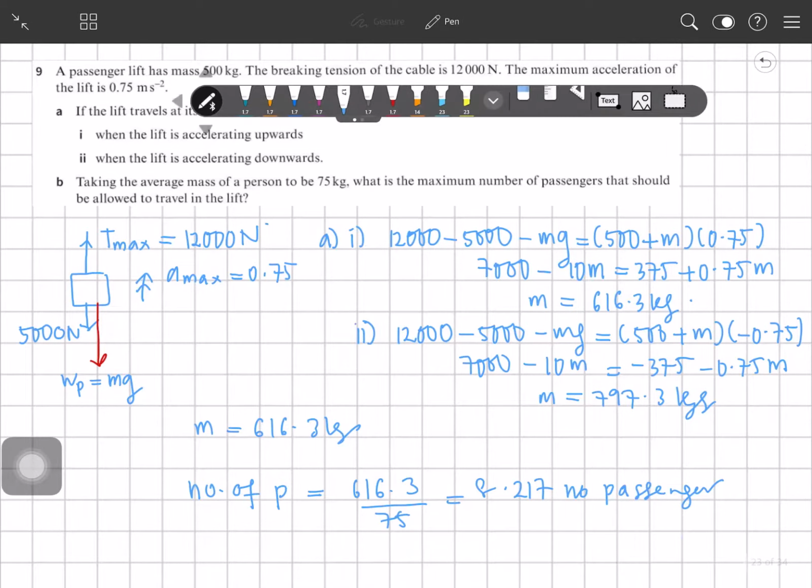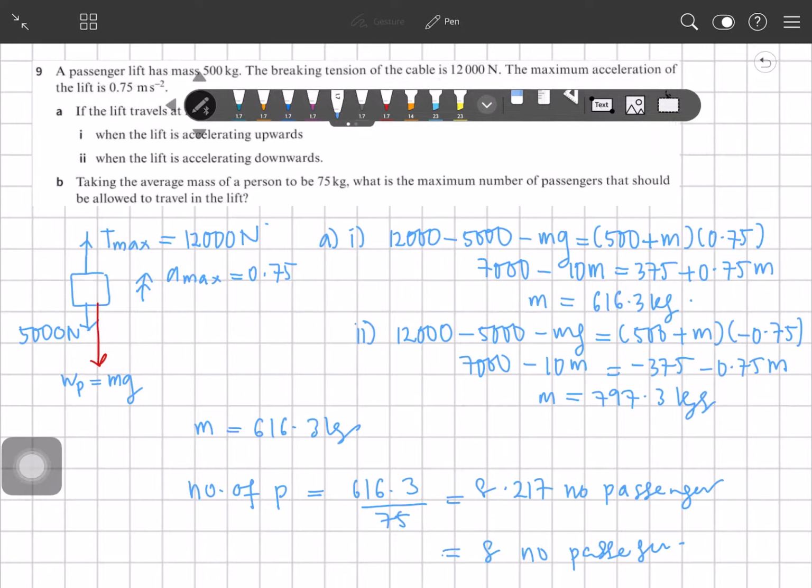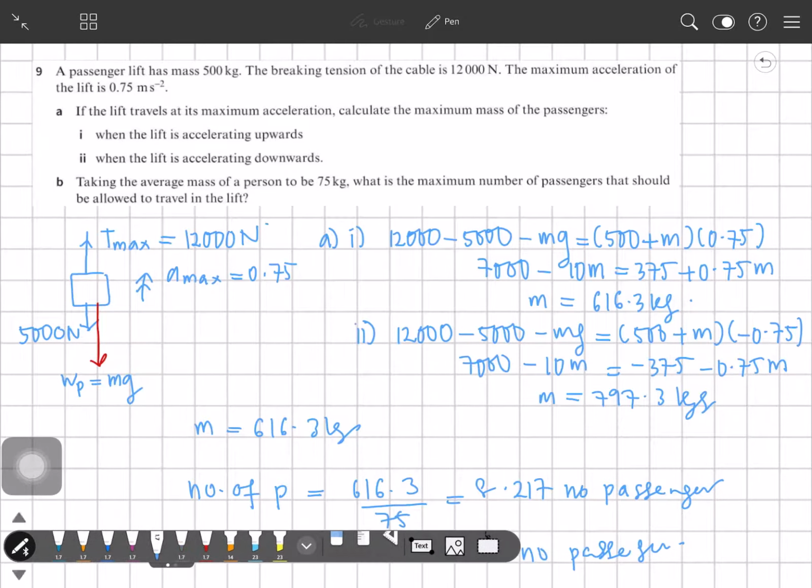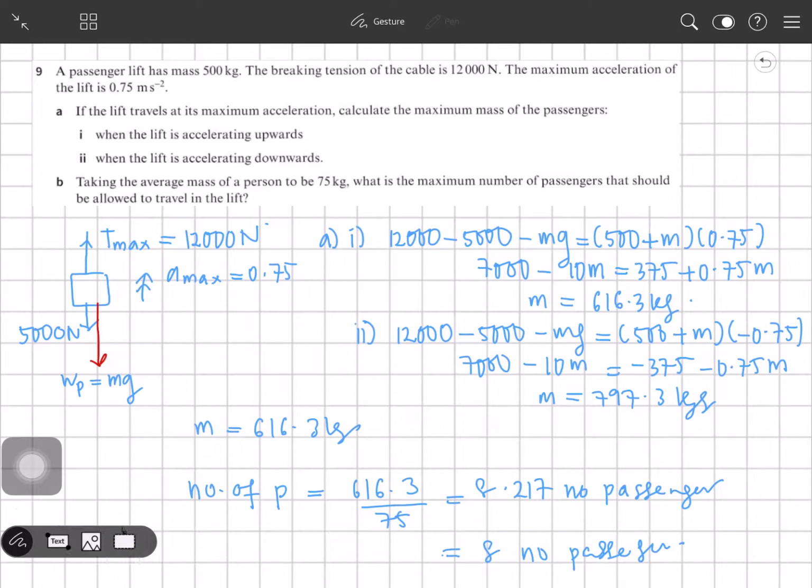But remember, a passenger is a person, so we take the integer value, which is 8 passengers. So in order to prevent the cable from breaking, the maximum number of passengers we can have here is equal to 8 people only.